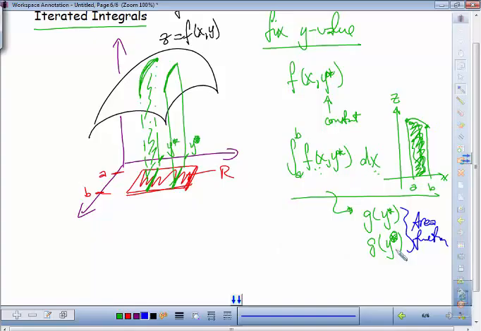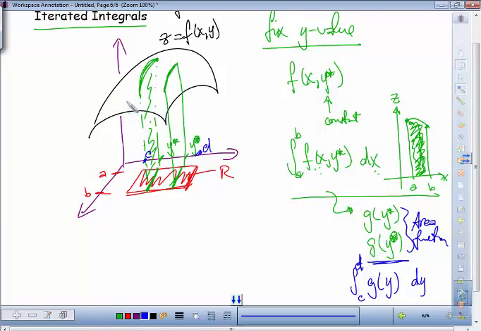Now what I could do is take that g function and integrate it with respect to y, let's say going from C to D, and let the y vary. Remember, the integral is just a really fancy way of adding up an infinite number of little things.